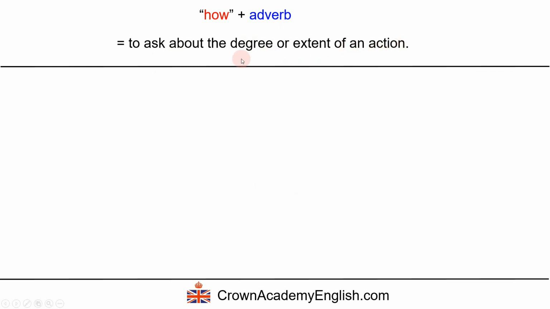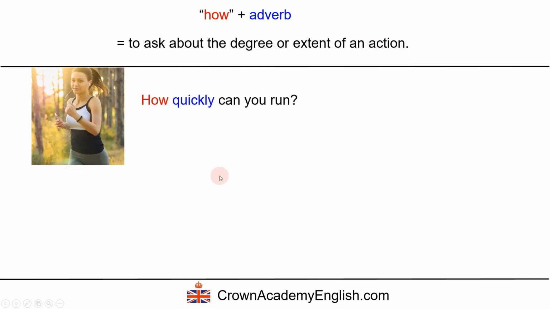This is the most usual meaning. A good example: how quickly can you run? Can you run quite quickly, very quickly, or maybe only slowly? So it's another way of asking, at what speed can you run?